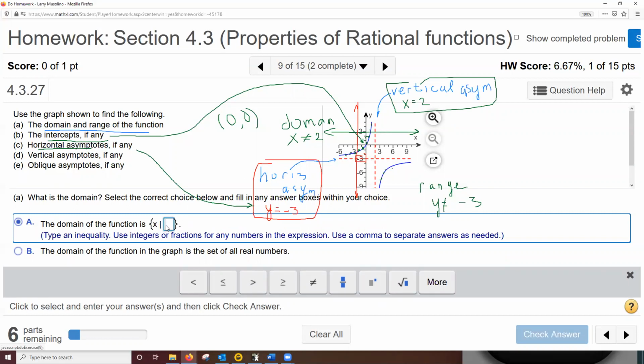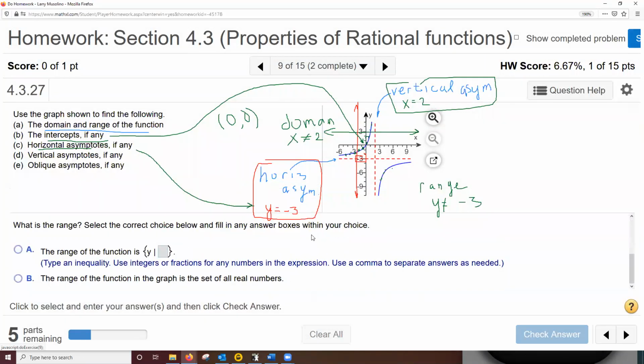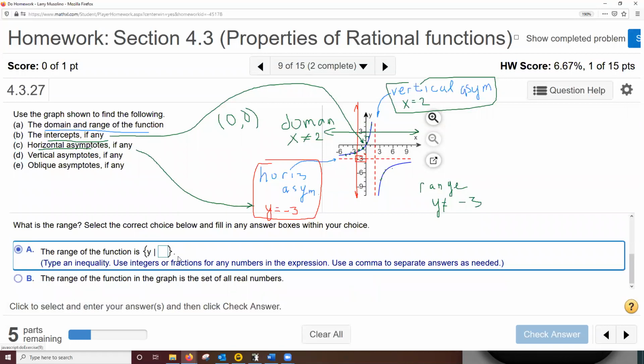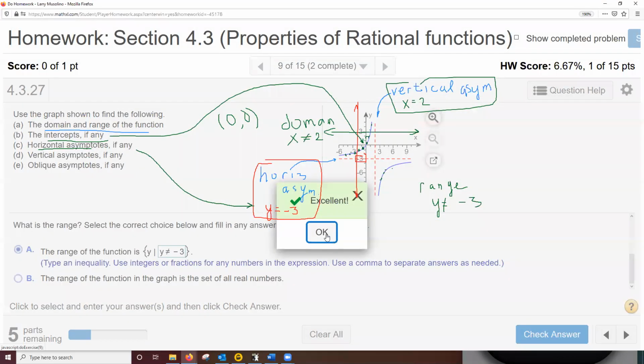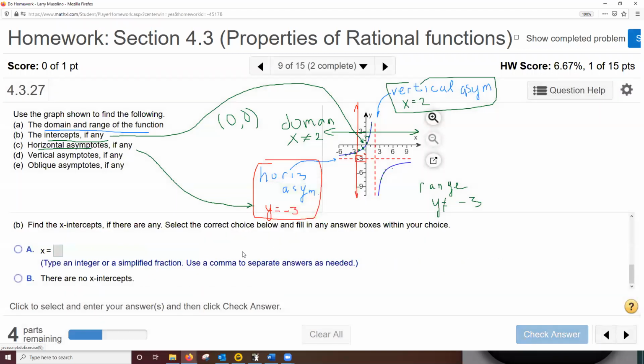We said the domain is x not equal to 2, because of that vertical line at x equals 2, the x values can never take on the value 2. Now it wants to know what's the range. Again, the range is all y values except -3, because there's a horizontal asymptote at -3 that the graph is never going to touch. So there will never be a y value of -3 for this graph.